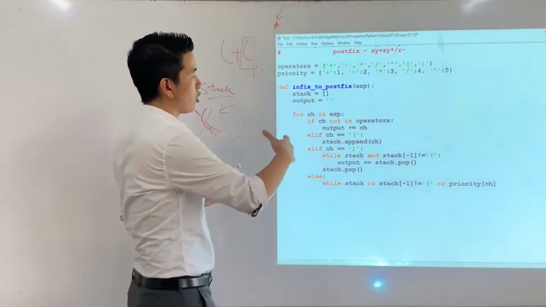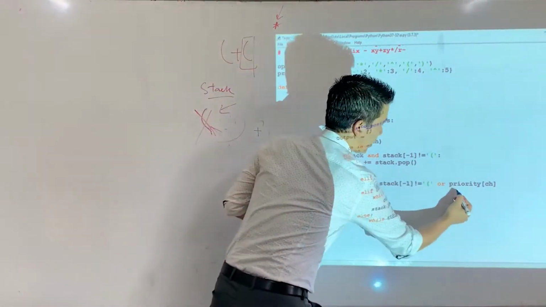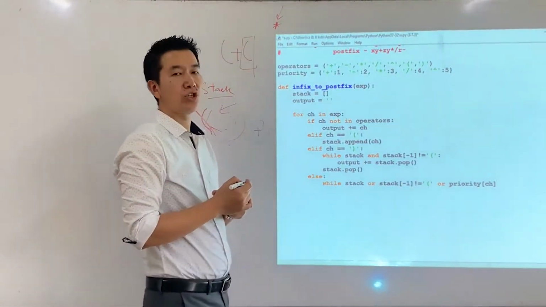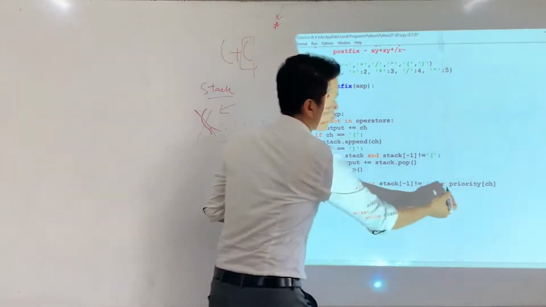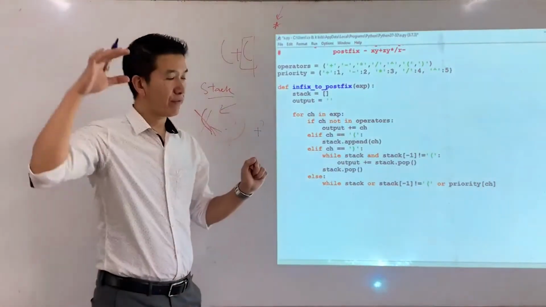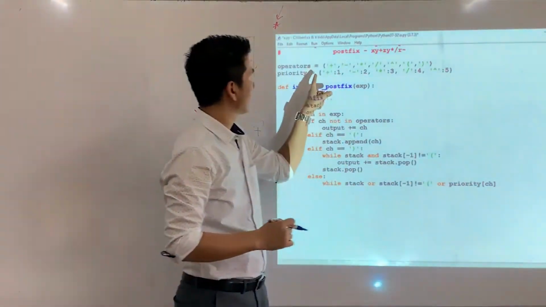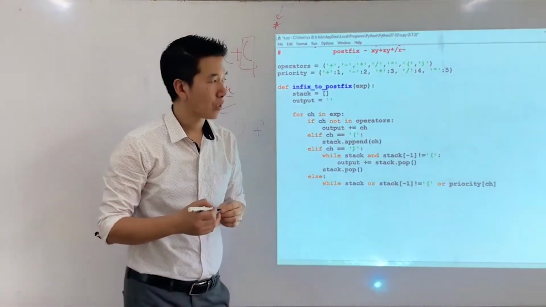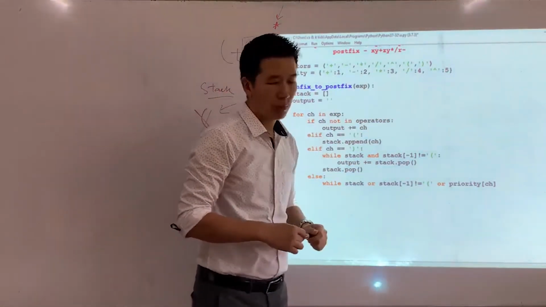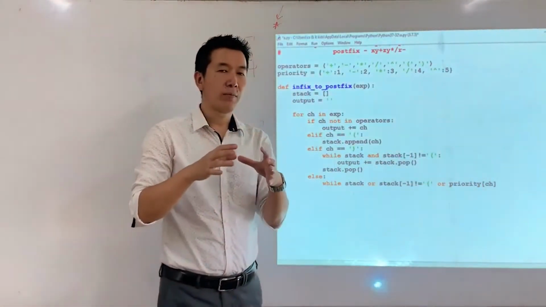If the next value of CH is the plus sign, the priority of plus will give us the value of 1, as is the case in the dictionary. I hope you remember. So when the new element that comes in is plus, priority of plus gives us 1. Likewise, minus is 2, multiplication 3, division 4, exponentiation 5. With this, we would do the comparison.